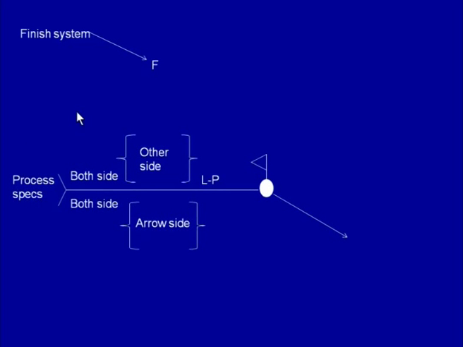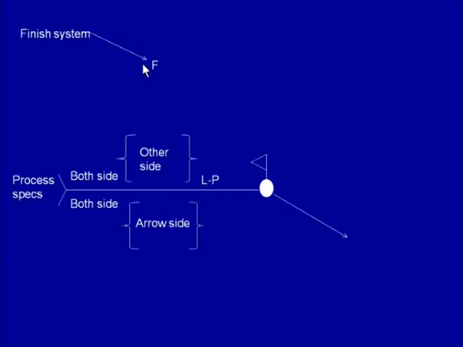Then we can have supplementary symbols to show what kind of further processing of the weld will be done, like the kind of finish to be used. It will be a machine finish or a ground finish weld.